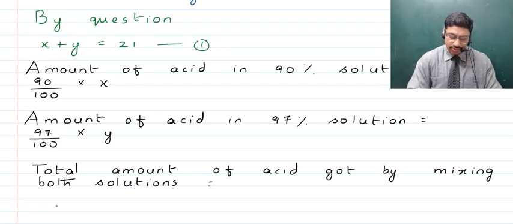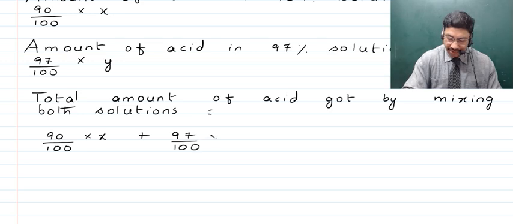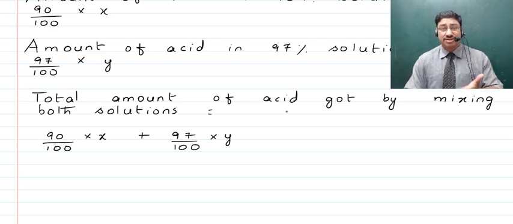That is going to be equal to 90 upon 100 into x plus 97 upon 100 into y, right? So this will give you the total amount, and if you remember, the total amount is actually x plus y liters of the made solution, which we know as 21 liters.